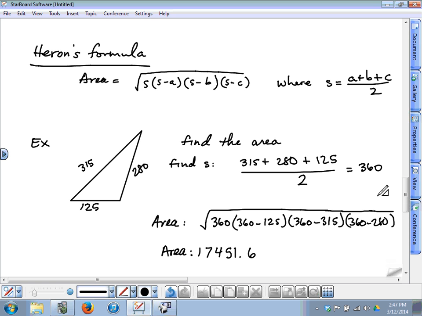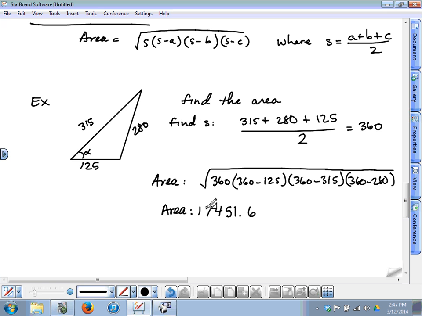Now if you're worried about memorizing an additional formula, because you're going to have to memorize the law of cosines, the law of sines, and all these other area formulas, if this is making you nervous, you could instead apply law of cosines and find one of these missing angles. This angle, for example, you could find angle alpha using law of cosines.